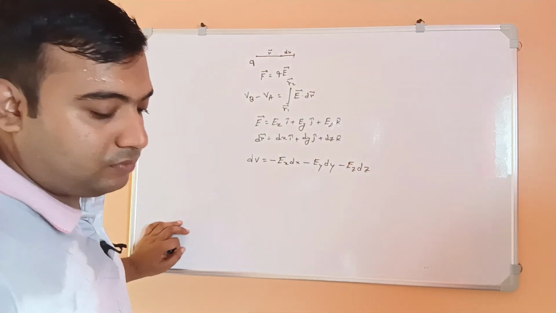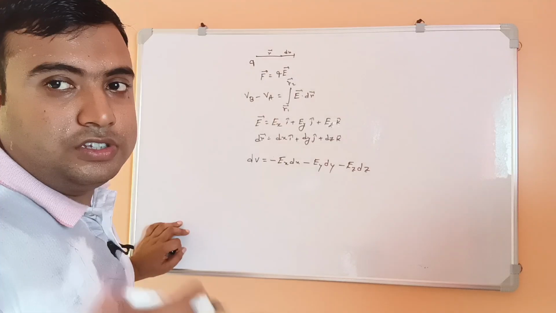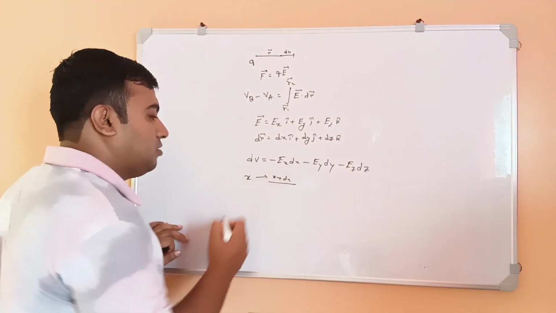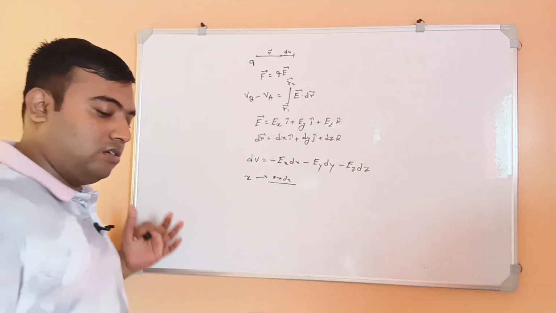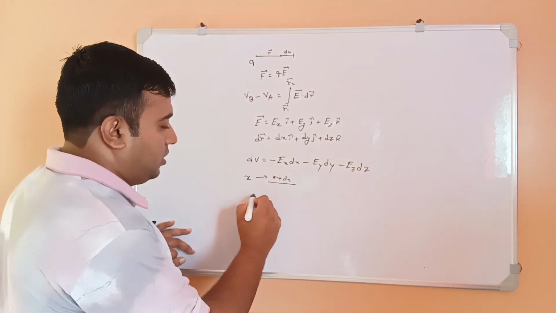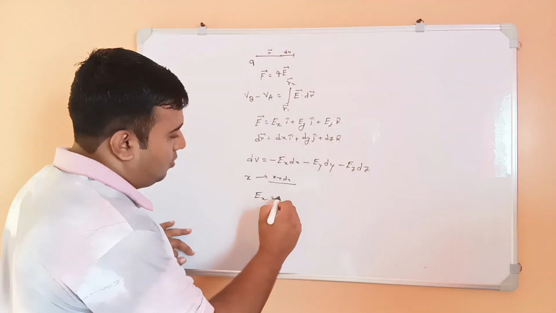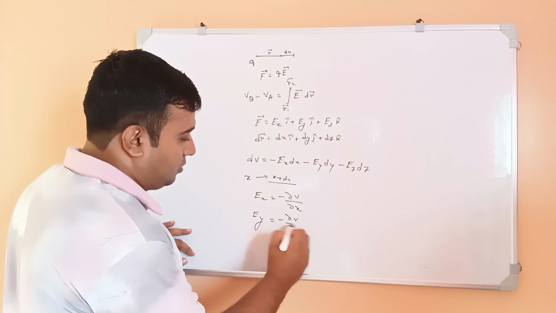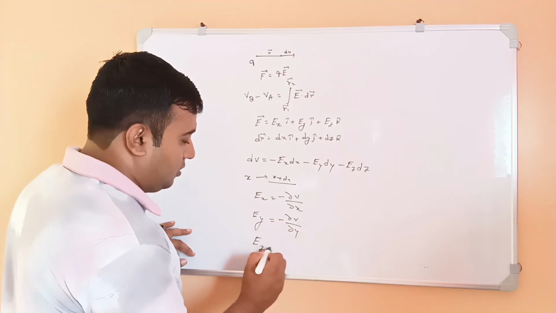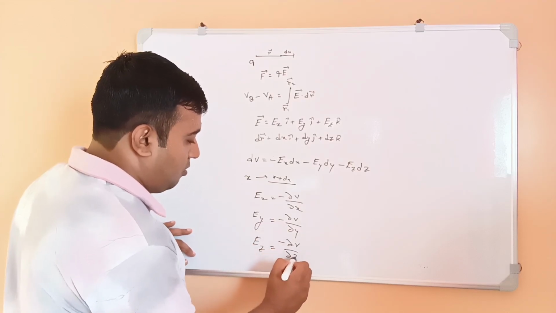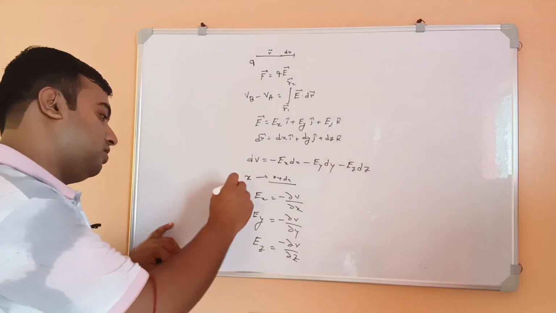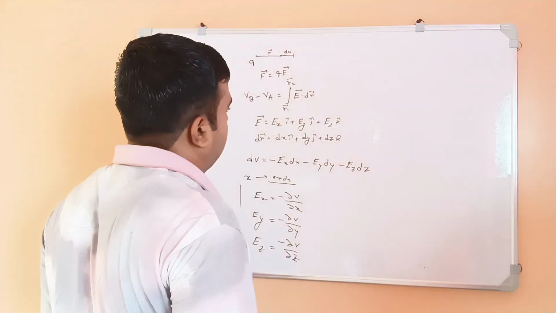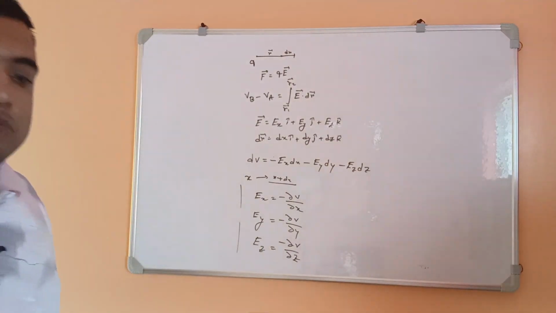Okay, so if we change x to x plus dx and y and z remain the same, then Ex is equal to minus del V del x, Ey is equal to minus del V del y, and Ez is equal to minus del V del z. So this is the partial differential relation between the electric field and electric potential.